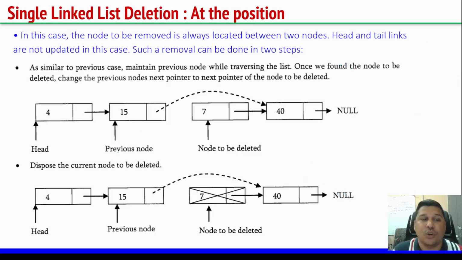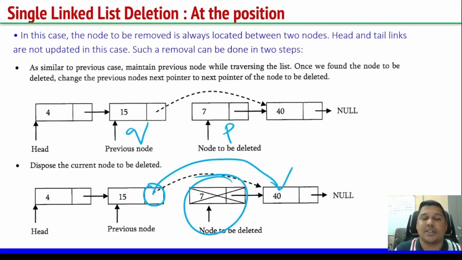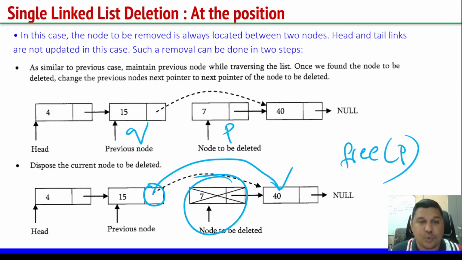So what we are trying to do, see the node to be deleted is my P, the previous node is my Q. What you have to do, this Q's next should point to P's next, and then you delete this P using the command free of P. Okay. So this is how we try to do this.